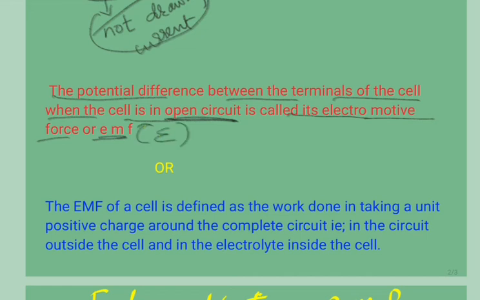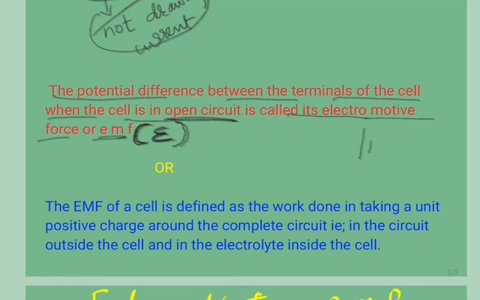This is actually the Greek letter epsilon, or you can write it as a stylish E. Okay, so this is the representation of EMF. So the potential difference between the terminals of the cell when the cell is not being used is called electromotive force. Whatever voltage or potential difference the cell has altogether is known as electromotive force.